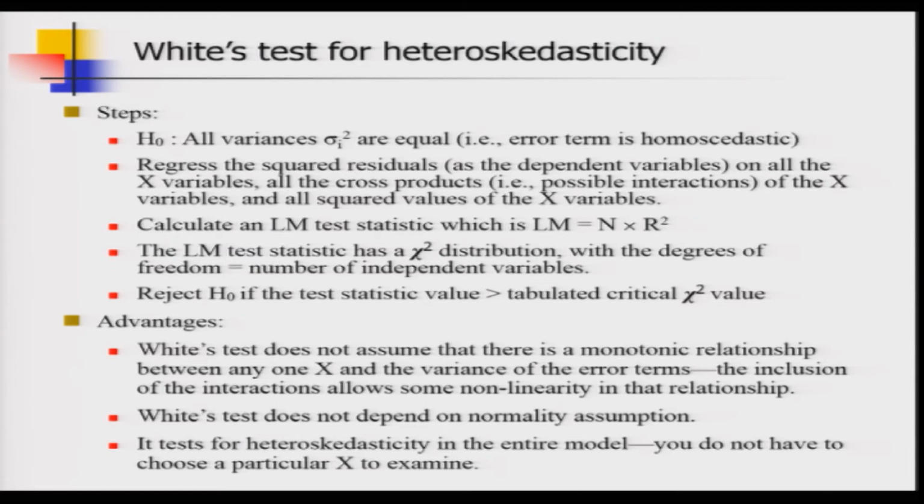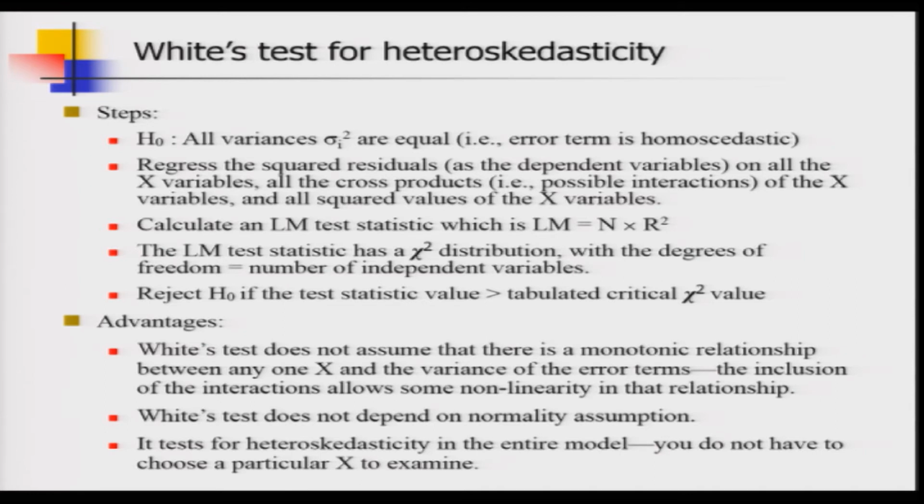To understand this auxiliary regression, let us talk about a simple model where we have two explanatory variables. Then you will have two squared terms coming from these two explanatory variables, and there will be one interaction term between them. So you are going to add three new explanatory variables in the auxiliary regression.